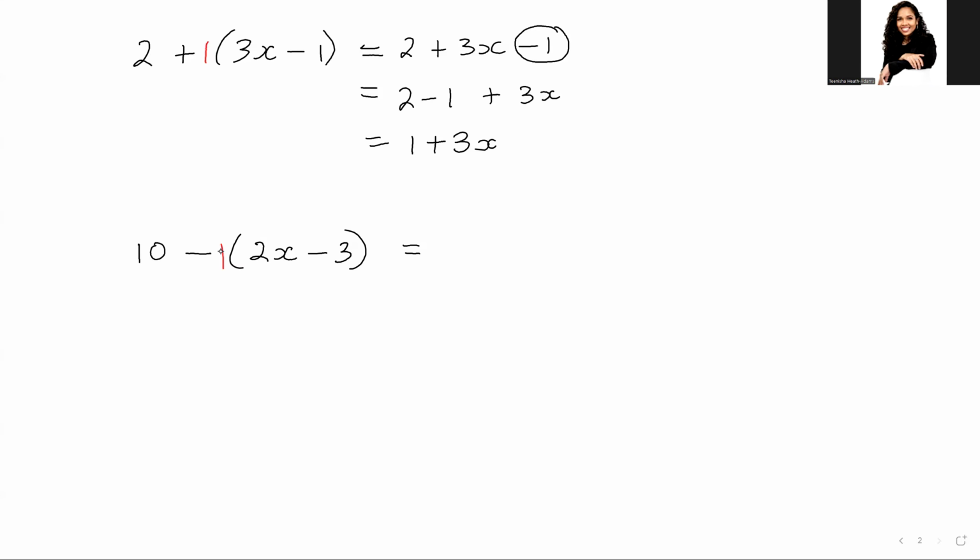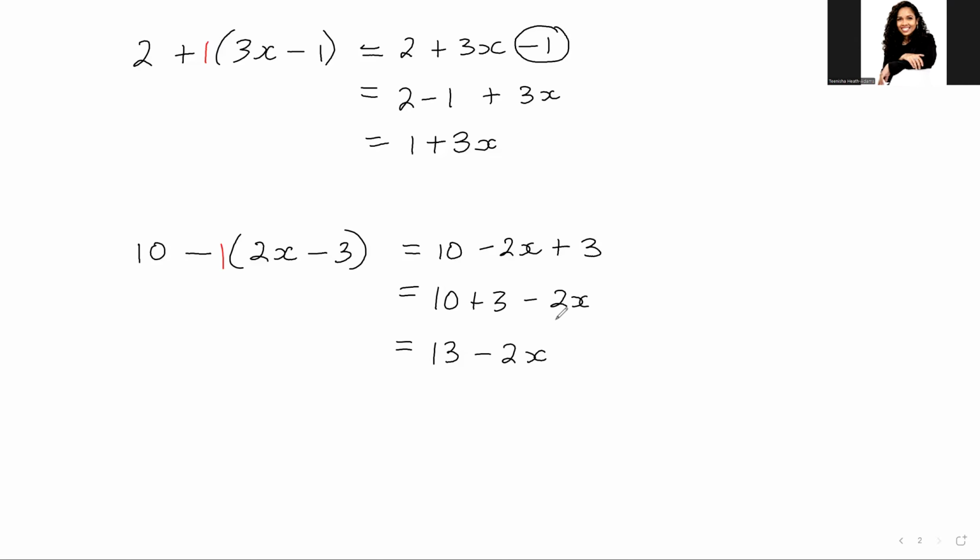So this would end up being 10 by itself, and then you say minus 1 times 2x, which will be minus 2x, and then minus 1 times minus 3, a negative by a negative is a positive. So this will be 1 times 3, which is 3. And now this will give you 10 plus 3 minus 2x, which gives me 13 minus 2x.